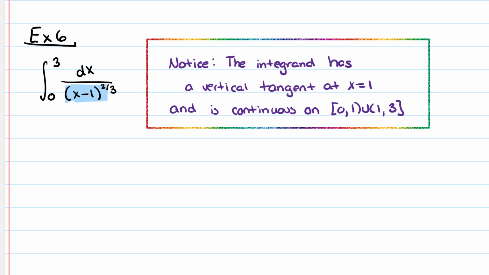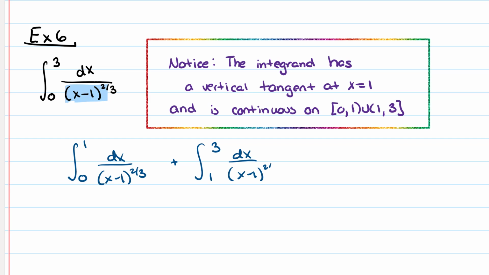So again, I'm going to split up my integral from 0 to 1 plus the integral from 1 to 3. Now what you actually have to do, and I know it seems silly, is rewrite them with limits, because you can't actually plug in 1, otherwise the function will break.